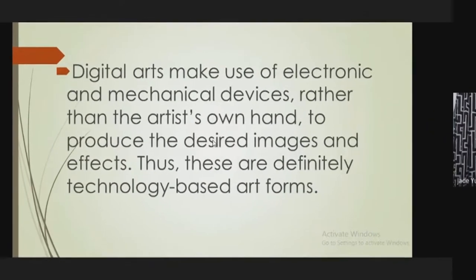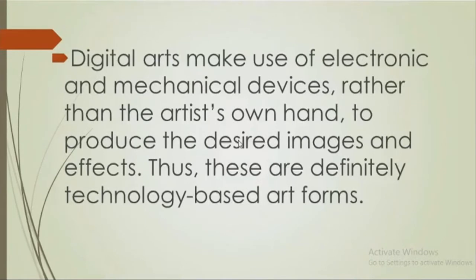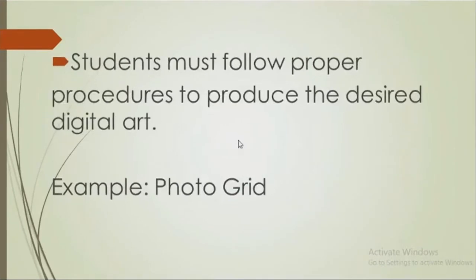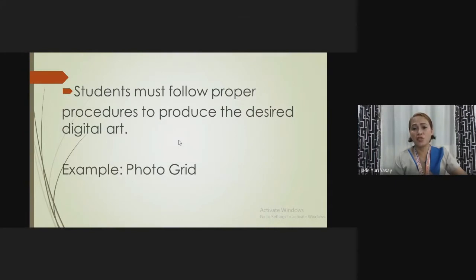Digital arts makes use of electronic and mechanical devices rather than the artist's own hand to produce the desired images and effects. Thus, these are definitely technology-based art forms, and students must follow proper procedures to produce the desired digital art. An example is the application PhotoGrid, and recently, almost all teachers are using this PhotoGrid application, especially in making collages.